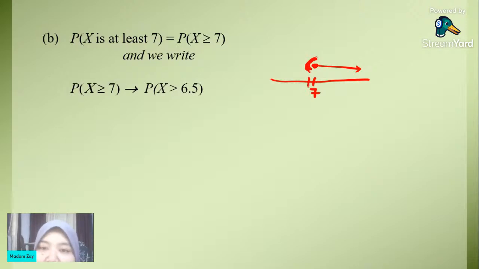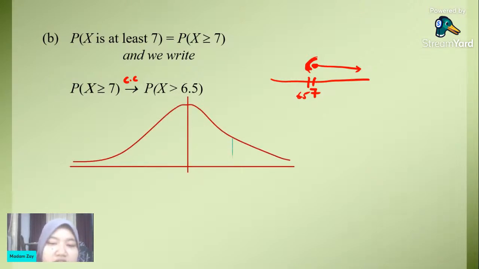So we need to take the left side of 7, which is 6.5. So from x more than or equal to 7, the continuity correction will be probability of x more than 6.5. So we take from 6.5 and above, to make sure that 7 is included. So this is our binomial, 6.5 and 7. To make sure 7 is included, we take from 6.5.